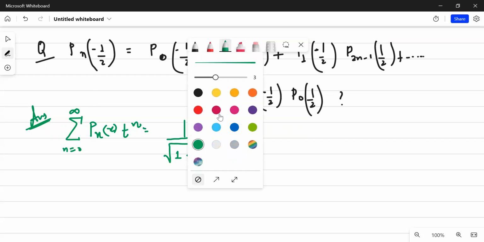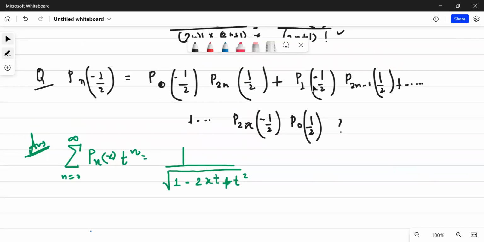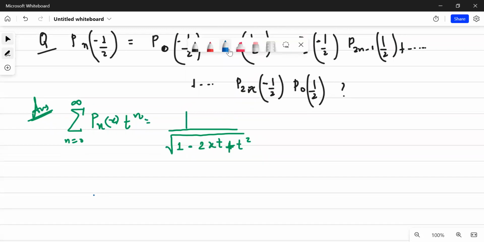ये पेन बहुत बनता है. चलो ठीक है, you are asked to find what will happen if I replace x by minus or plus one or whatsoever, like, or यहाँ पर if you'll see there are options given in half also and minus half also. Okay, so what I'll do, I'll write x equals to 1 upon 2 first. So if I replace x equal to 1 upon 2, what I'll get?